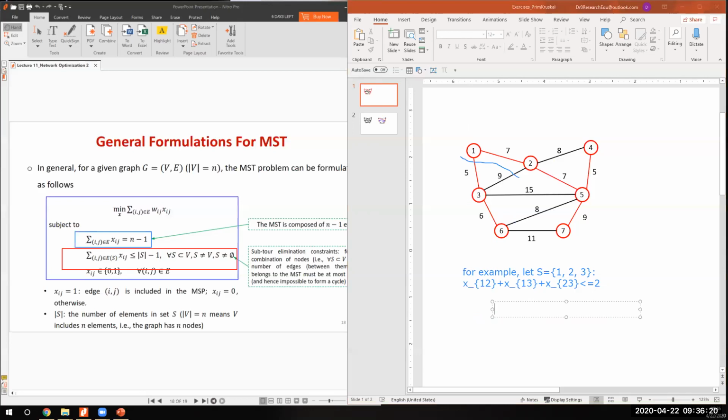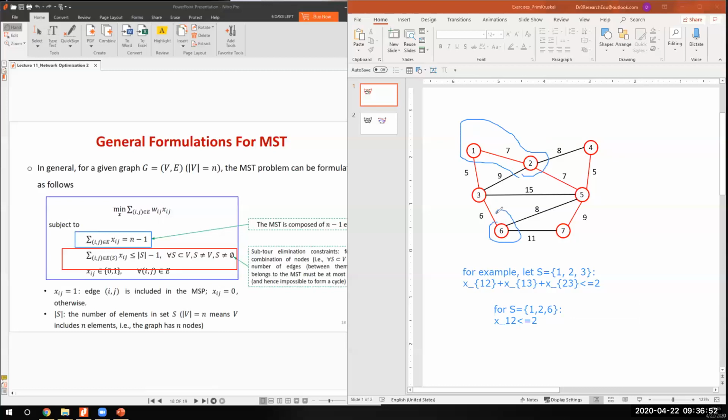First, for s equal to 1, 2, and 6, you're gonna have x_1,2 less than or equal to 2. Why? Because for 1, 2, 6, you only have one edge here. See it? The drawing is so ugly.